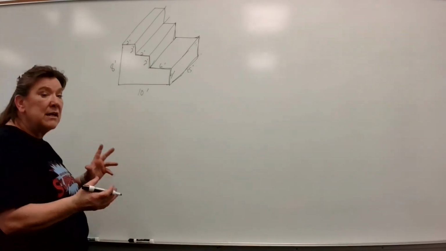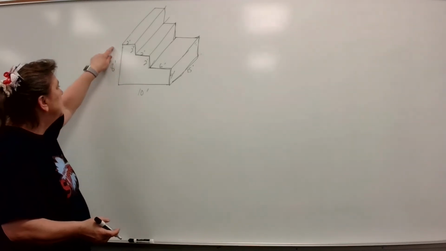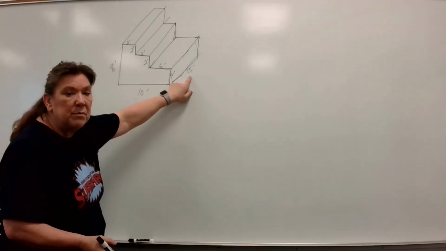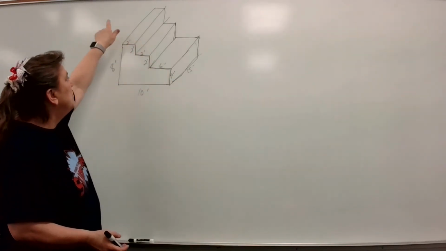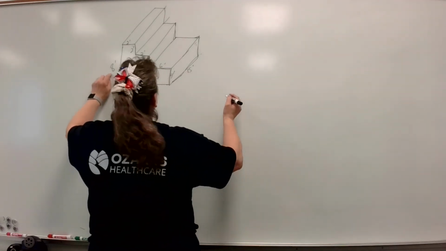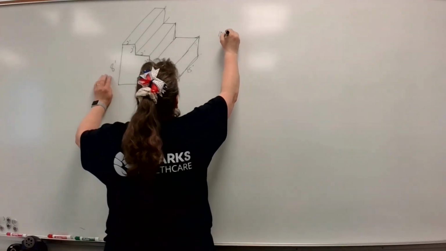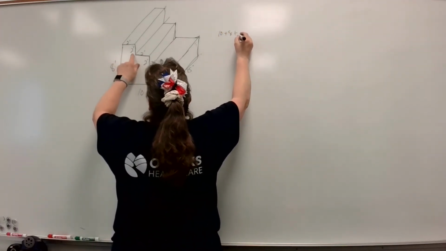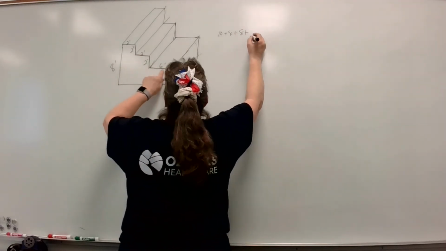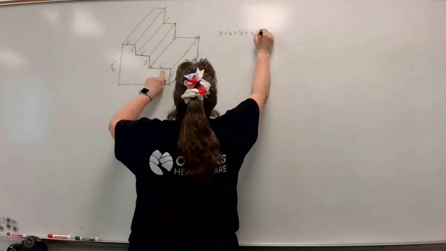So to get the lateral, all we have to do is add all these numbers up for the perimeter and multiply it times 15, and that will give us the whole thing around. So let's look at that. I've got 10 plus 8 plus 4, 6, 8 plus 6 plus 4.